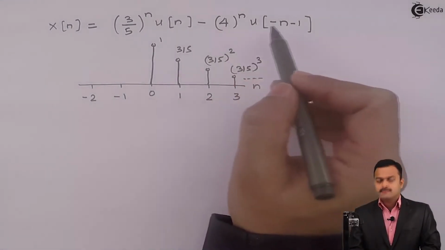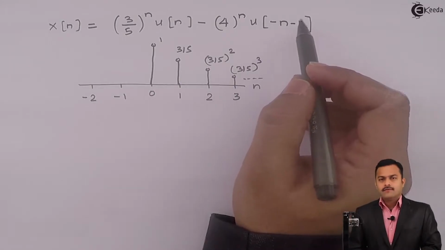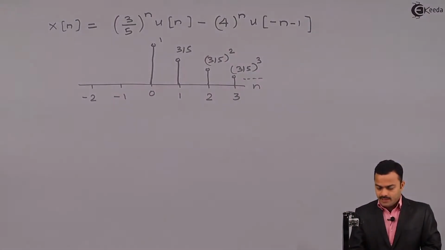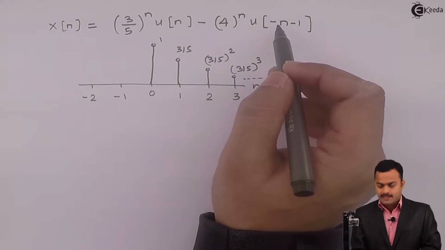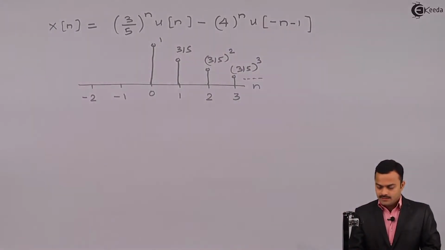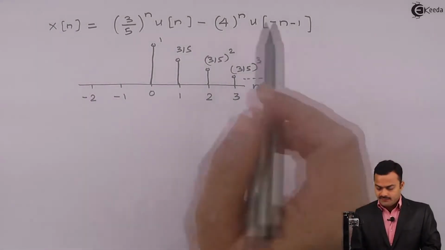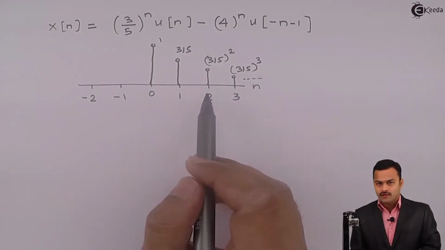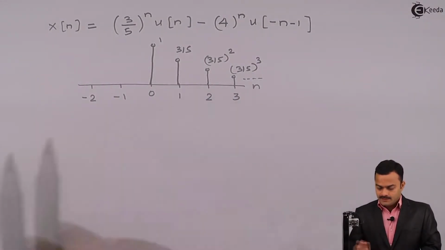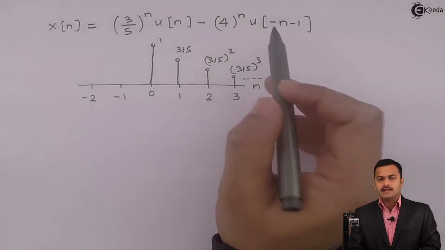Now for u of minus n minus 1, I will have a signal only present for negative values of n, with limits from minus infinity to minus 1. Suppose I take n equal to minus 1.